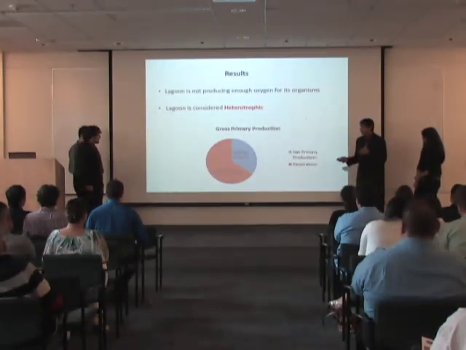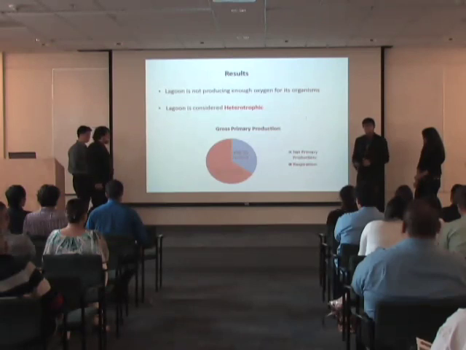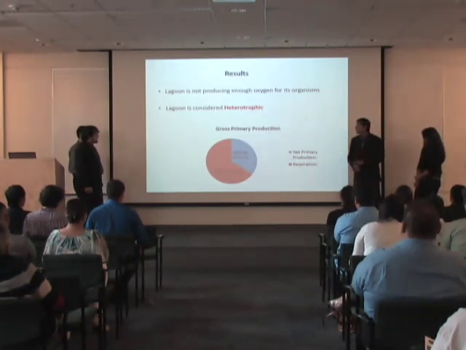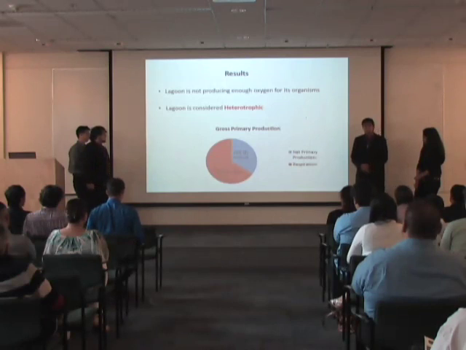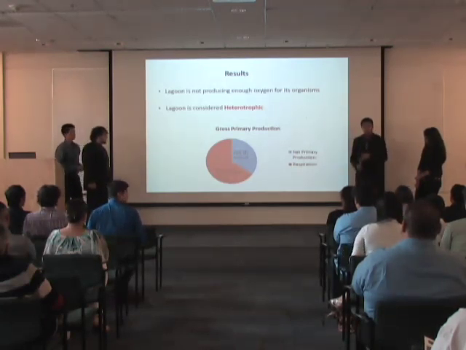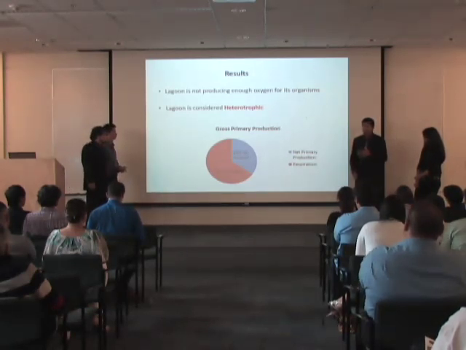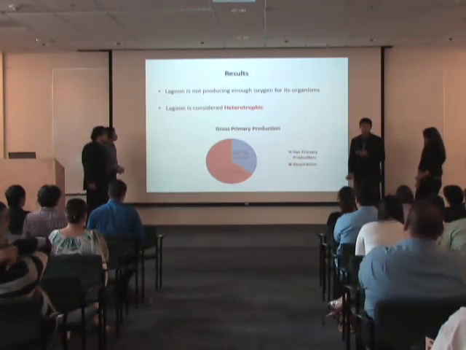As you can see, more oxygen is being used than produced. So the lagoon, on average, is heading more towards the heterotrophic side. That's strange because by observation we see lots of fish and algae, so we assumed it would be autotrophic from the start. It's interesting that our results showed otherwise.